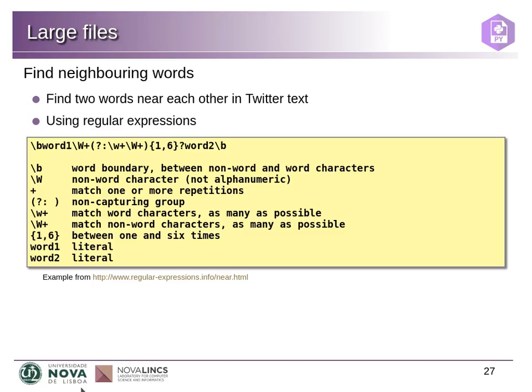So there must be a boundary here between a non-word and a word, and then this word 1 is a fixed word that we give for the expression. Then we find here a non-word character after this word, and then this group here inside parentheses is a group that we don't want to capture. That is, we don't want to keep. We want to find a match, but we don't want that returned.